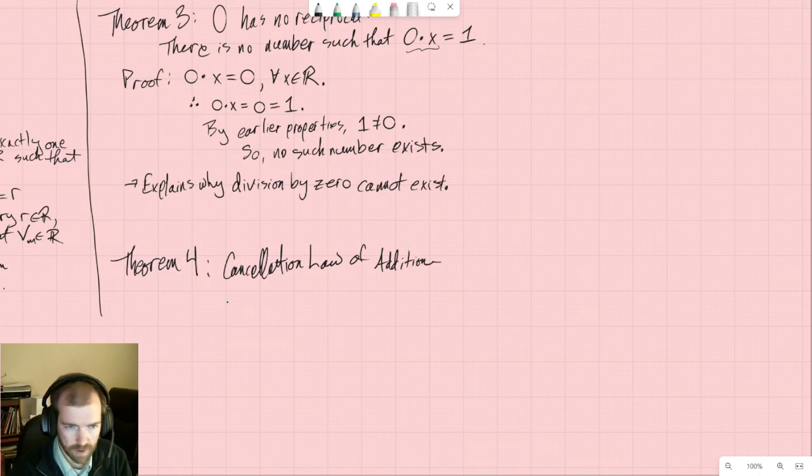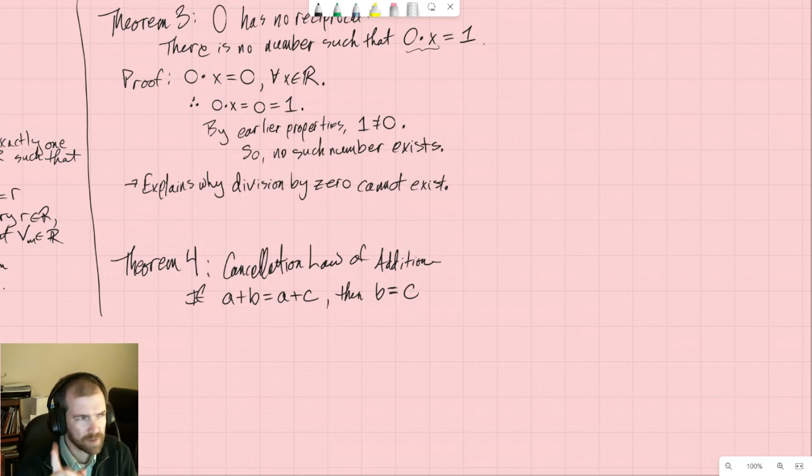All right, cancellation law of addition states that if A plus B is equal to A plus C, then B equals C. Okay, so we did something like this in Xena, where basically this is a left addition.